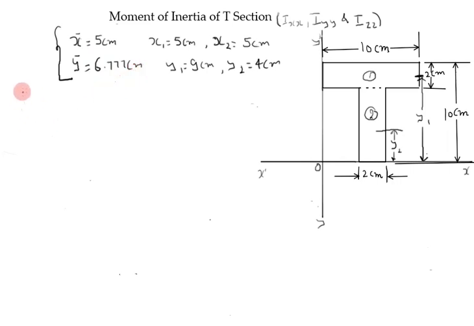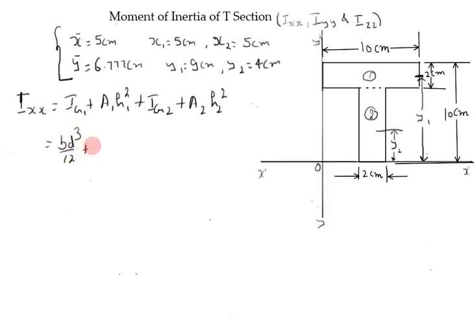Now we have to apply the parallel axis theorem to calculate Ixx. It becomes Ig1 plus A1 H1 square plus Ig2 plus A2 H2 square, where Ig1 is bd cube by 12 and A1 H1 square is A1 times y1 minus y bar whole square, plus Ig2 plus A2 times y2 minus y bar whole square.